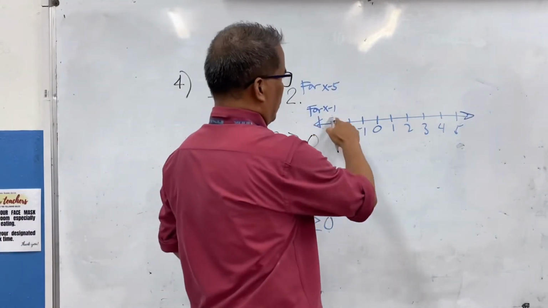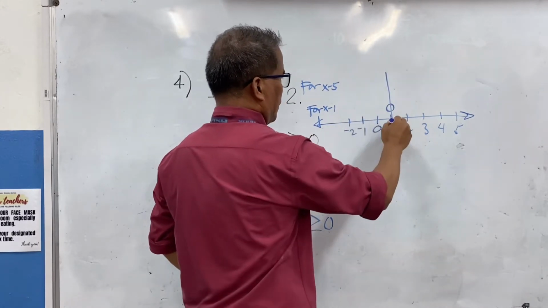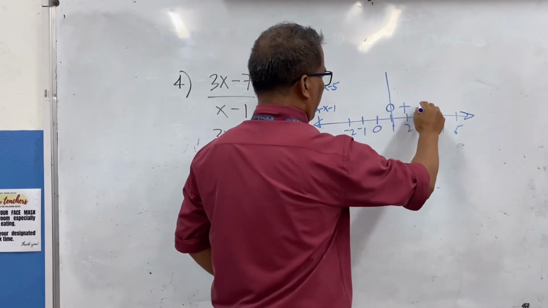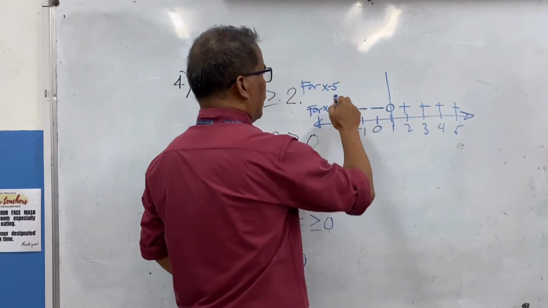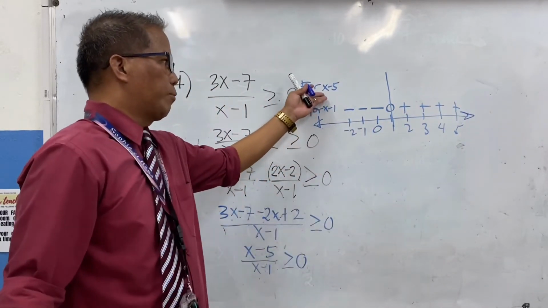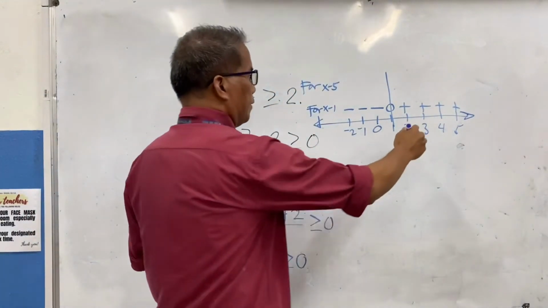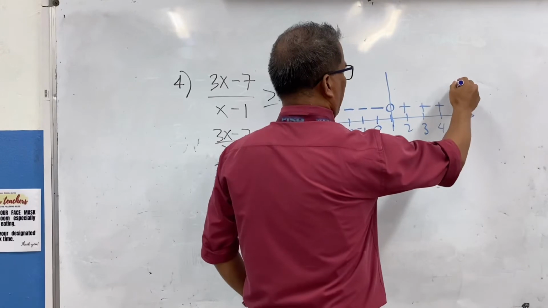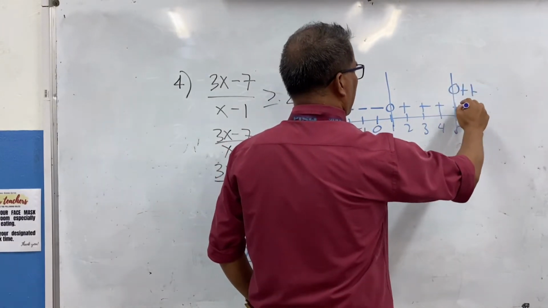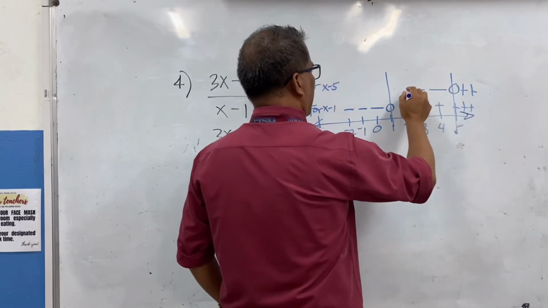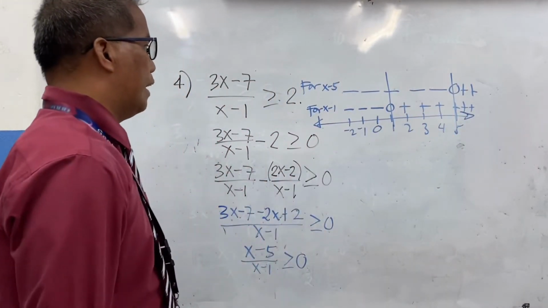So we will put here 0, then at the right side will be positive, then at the left side will be negative. In order to make this expression 0, the value of x must be positive 5. So this is positive 5, we will put here 0, then at the right side positive, then the left side negative.